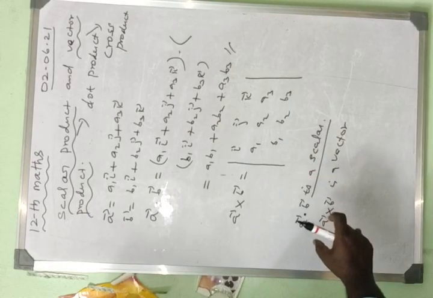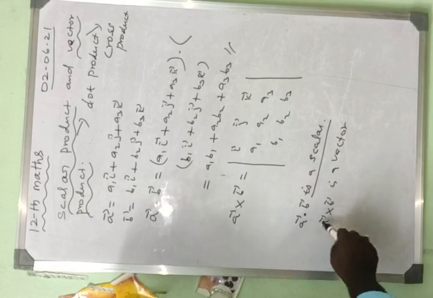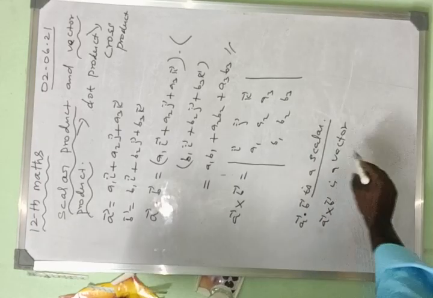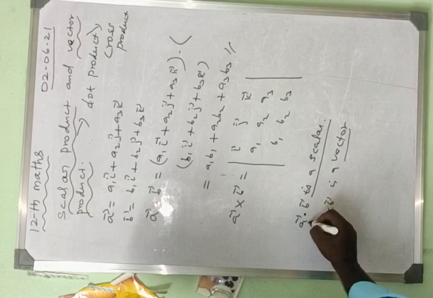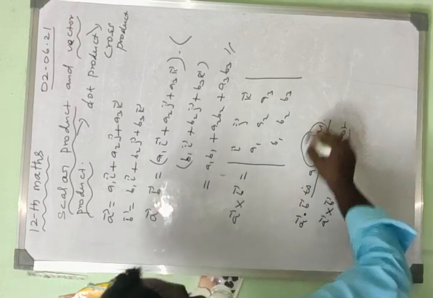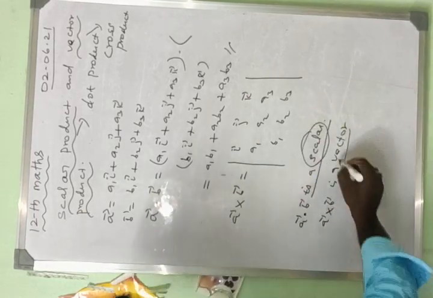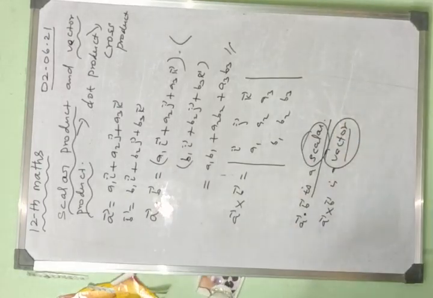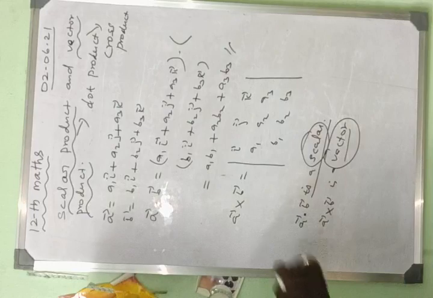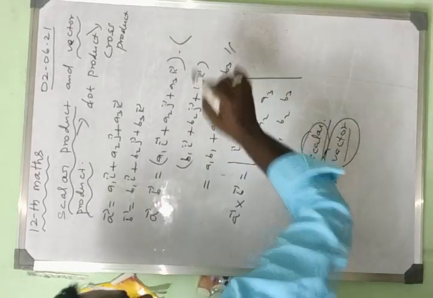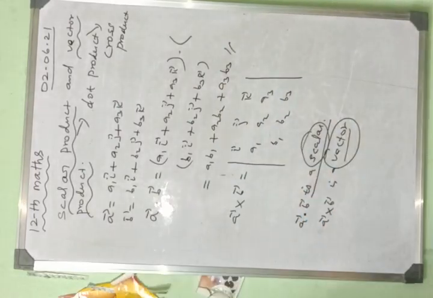When we take the cross product A cross B, we get one vector. This is very, very important. With A dot B we get only a scalar; with A cross B we get only a vector.